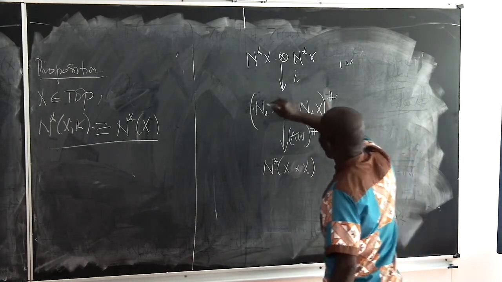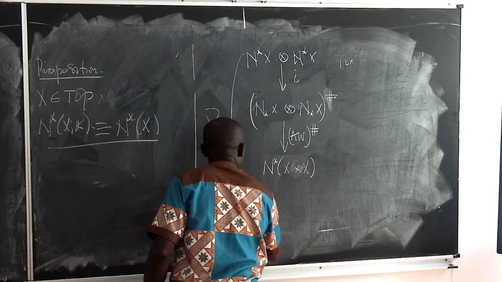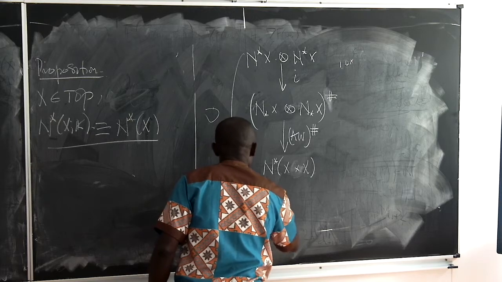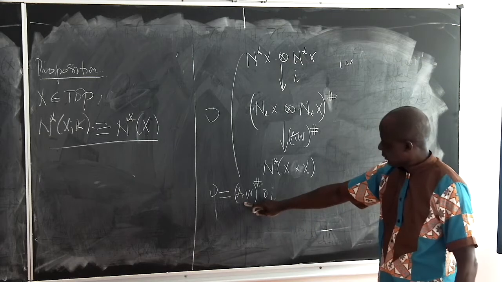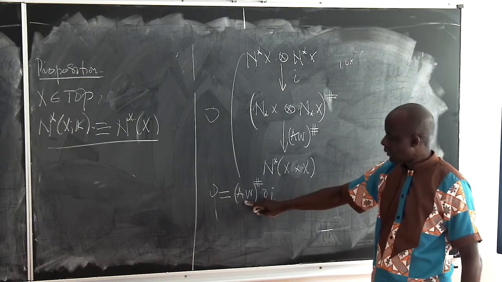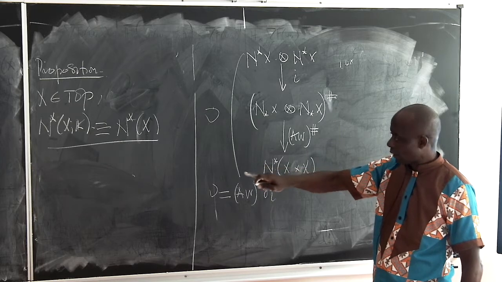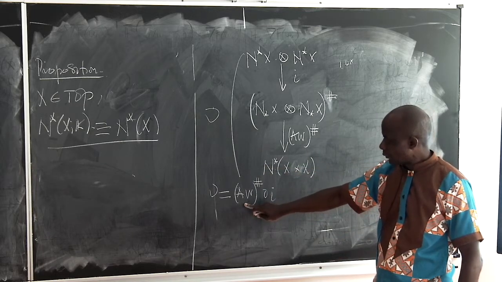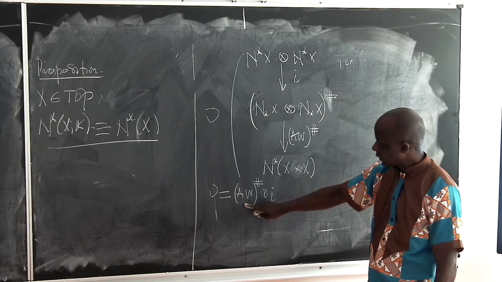So this composite here, I called it nu. So nu here is equal to the composite by I. This is the Alexander-Whitney map that I defined yesterday when I was defining the structure of algebra and coalgebra on the normalized singular quotient.